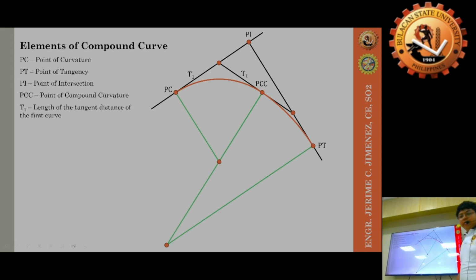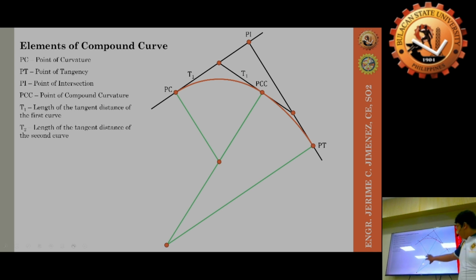Okay. Next, T sub 2. So, T sub 2 is the length of the tangent distance of the second curve. Okay? Ito yung first curve, ito yung second curve. So, saan siya located? So from PC, papunta sa vertex. Yun yung definition natin ni tangent distance.